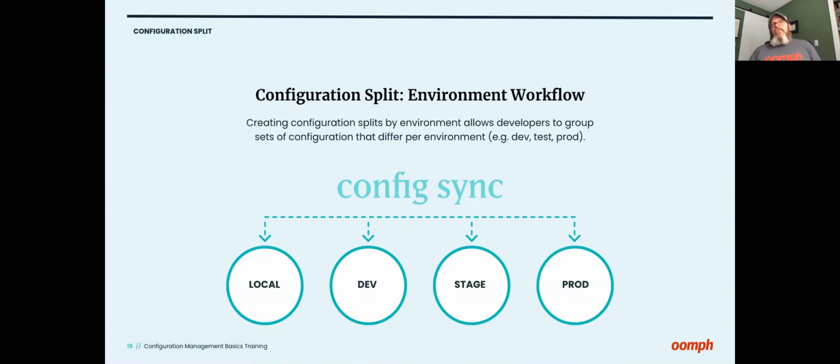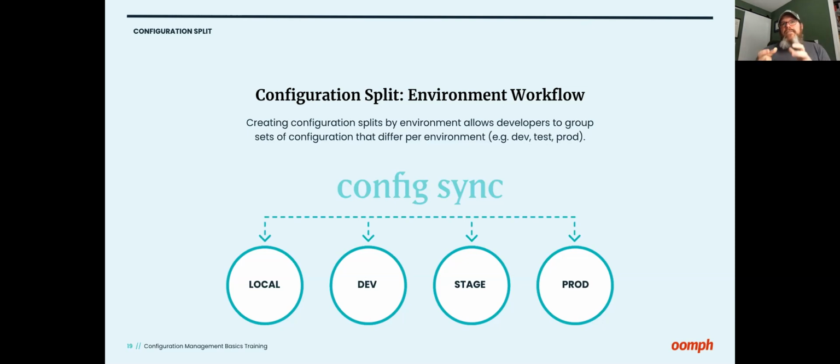So here's a diagram of the workflow for an environment-based workflow, versus a feature-based workflow. Your environment-based workflow is obviously going to be a split per environment. A feature-based workflow is going to work with a split for a certain feature, and then you can kind of pile those features on top of each other for certain environments or certain deployment steps.